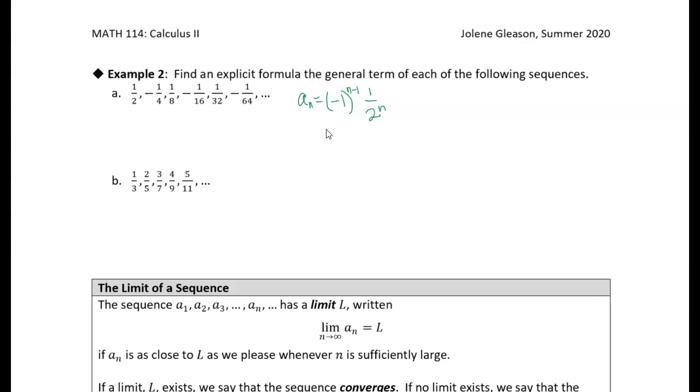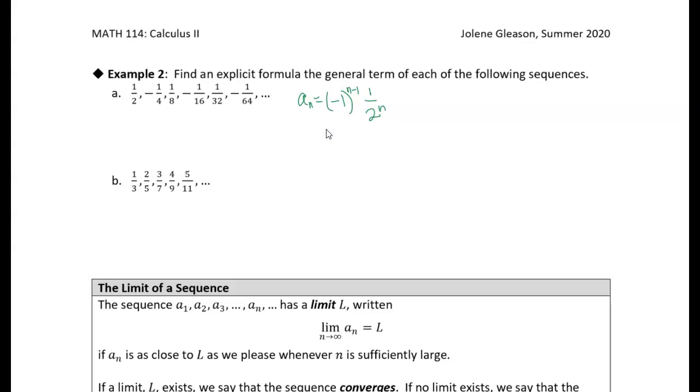So that would mean when n equals 1, -1 to the 0 is positive 1, and then we'd have positive 1 over 2 to the 1, which would be 1/2. And then when n equals 2, you get -1 to the 1, which is -1, times 1 over 2 squared, which is 4. So that gives us the pattern.